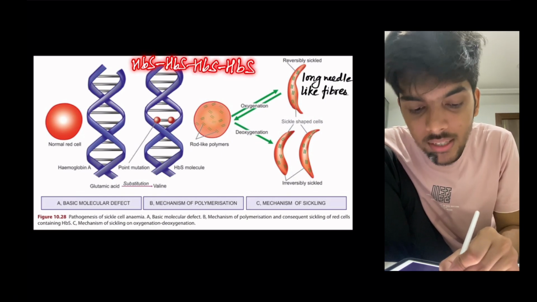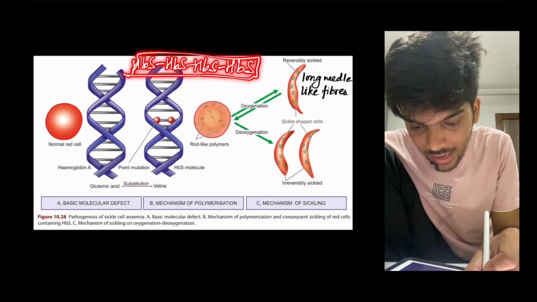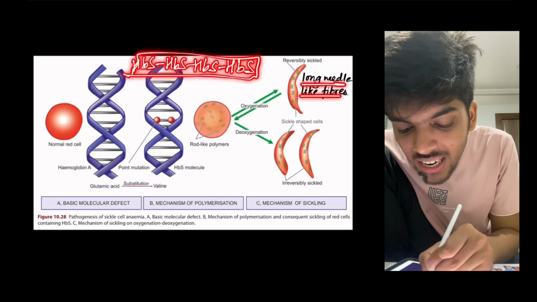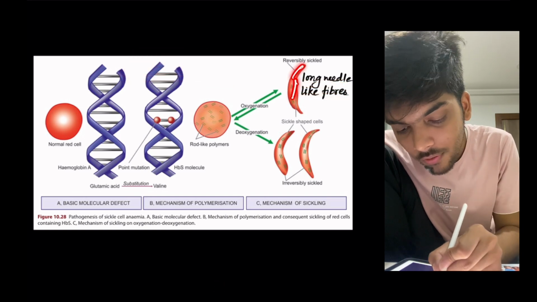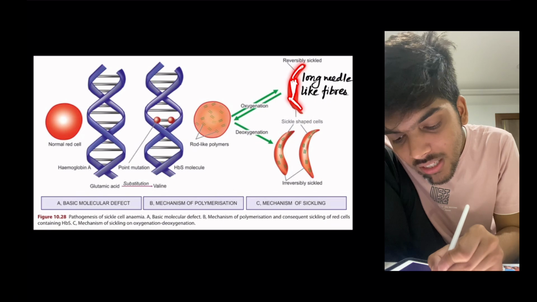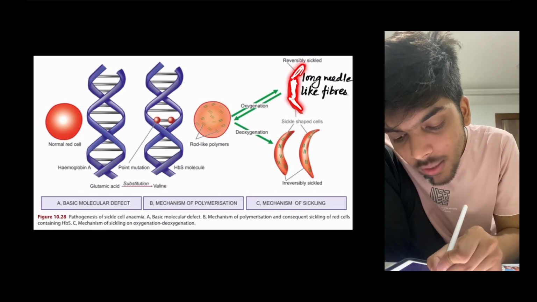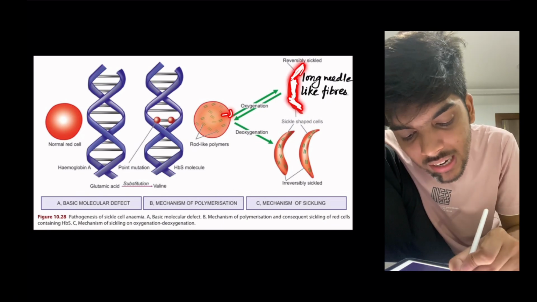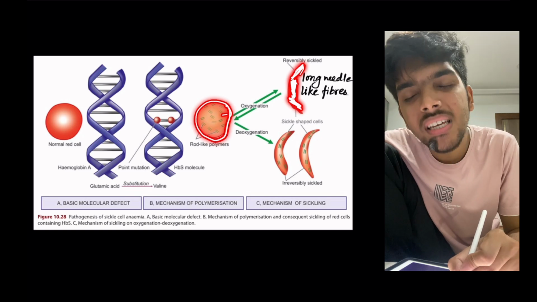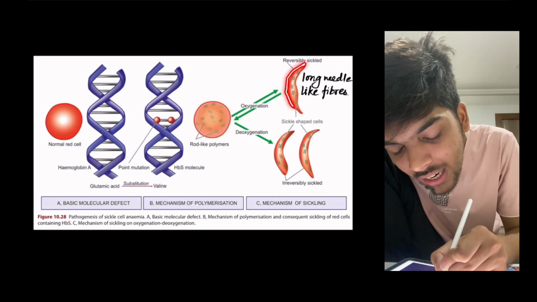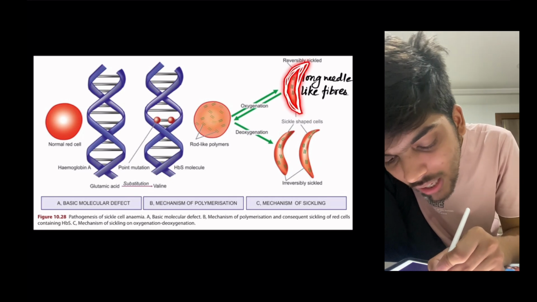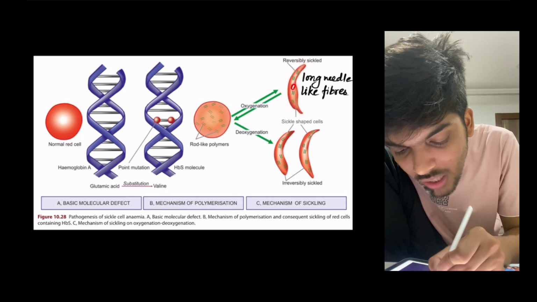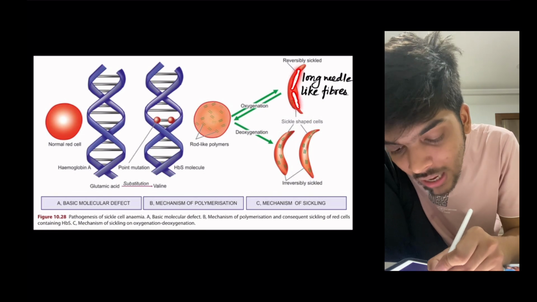As a result of this polymerization, long needle-like fibers are formed. Due to the formation of these long needle-like fibers by the polymerization of HbS inside the RBC, the RBC gets distorted into its sickle shape. Why? Due to needle-like fibers of HbS. How were they formed? Due to polymerization of HbS.